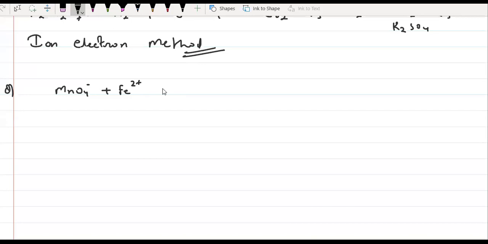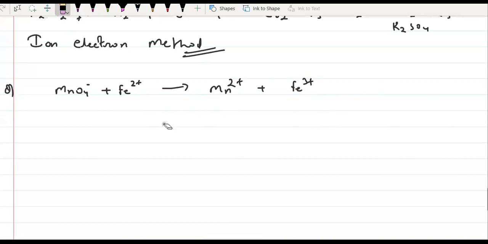We have already solved this, so you will get the idea of what the difference is. Plus H2O. This is also what you have to balance now.